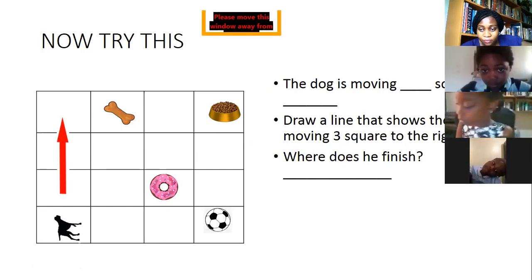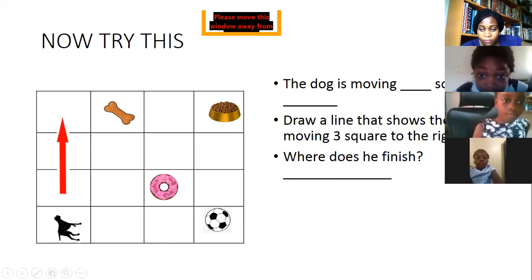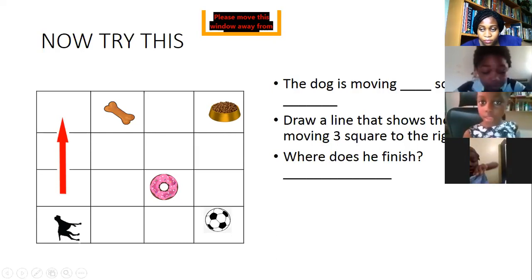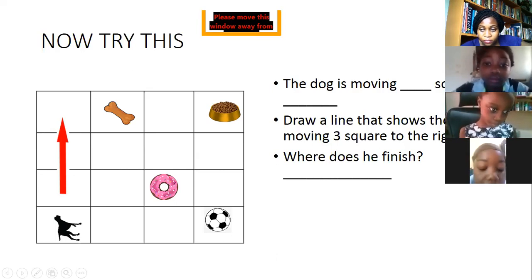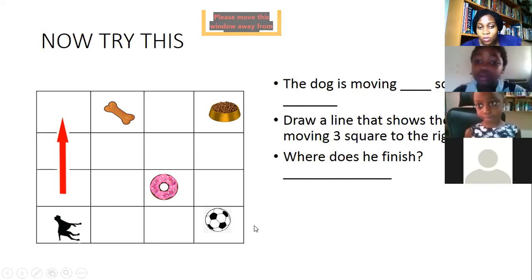Adoma, please unmute your microphone. Where is the right of the dog? Where the bone is?